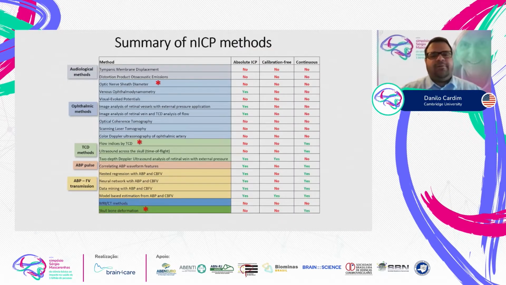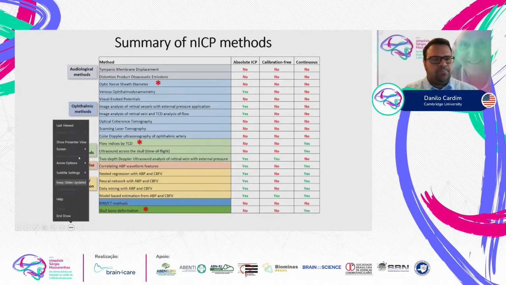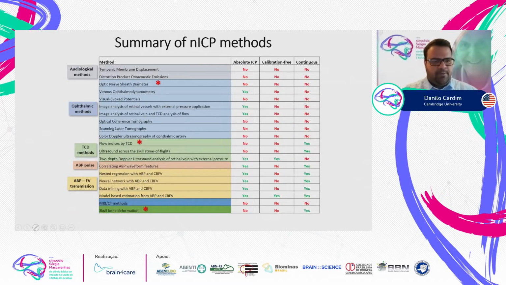So to start with, here I have a table with a summary of basically all the methods described so far in the literature. These methods can be categorized in basically 5 different categories.